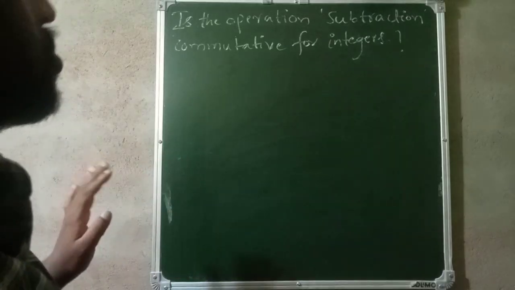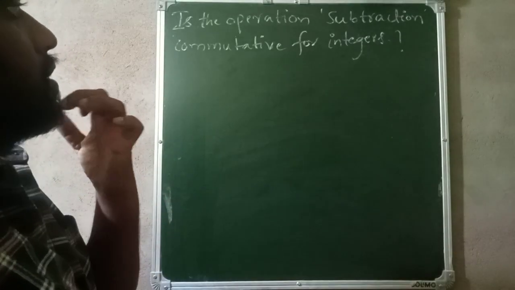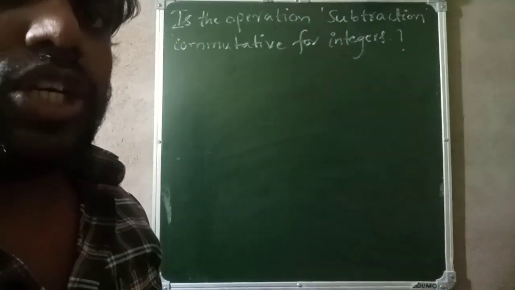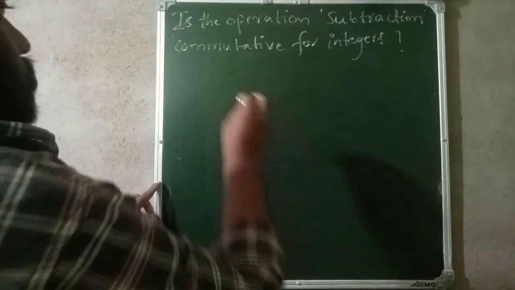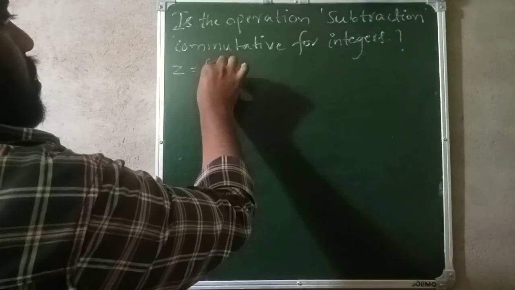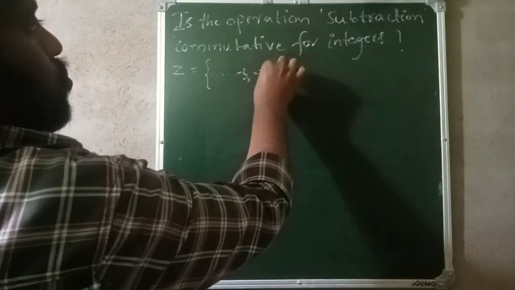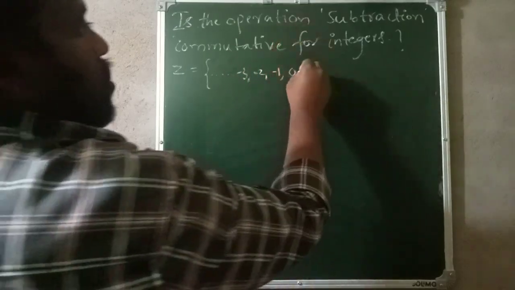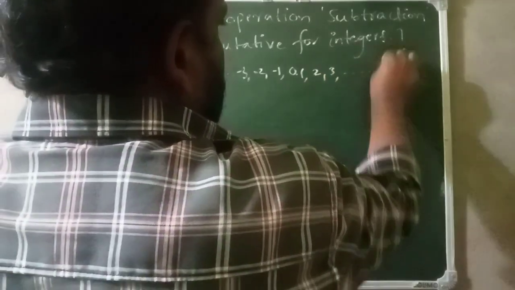Okay. The first, we'll discuss this in detail. First, the basic thing you should know is the set of integers. I will write it here. Dot dot dot, minus 3, minus 2, minus 1, 0, 1, 2, 3, etcetera.